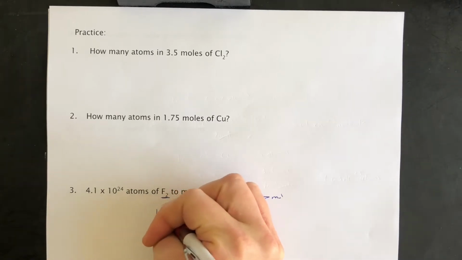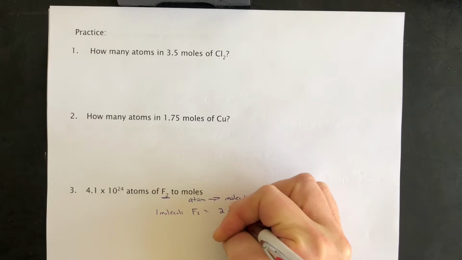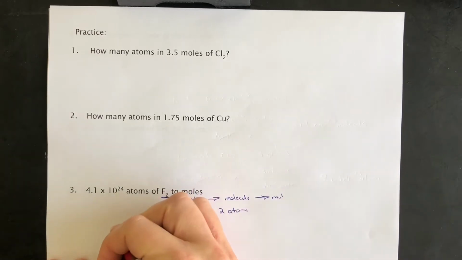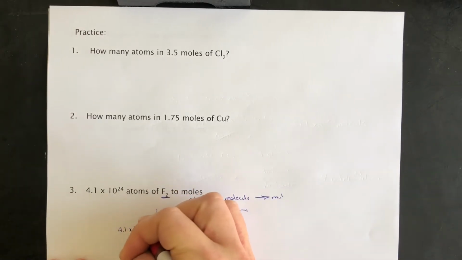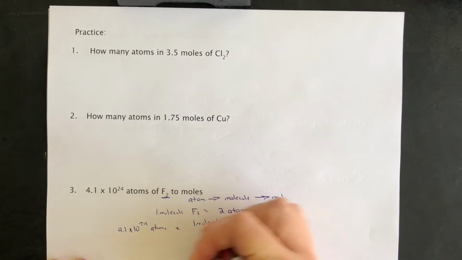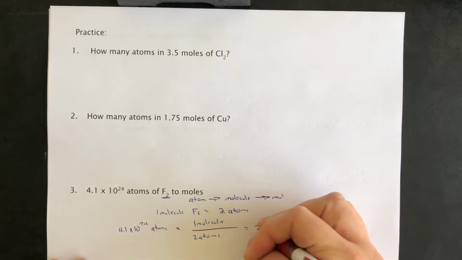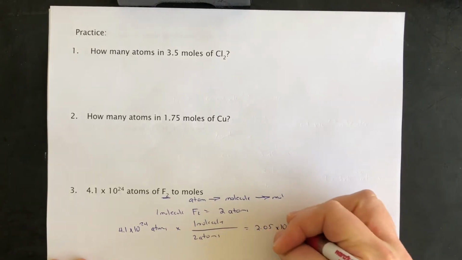So one molecule of F2 contains 2 atoms. So that's going to be our first step, 4.1 times 10 to the 24th atoms times 1 molecule for every 2 atoms, which gives you 2.05 times 10 to the 24th molecules.